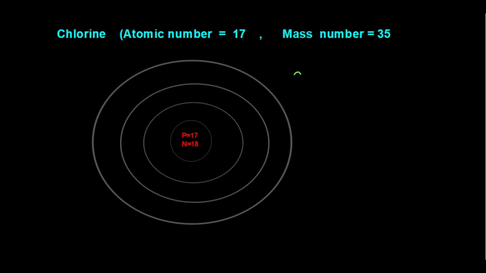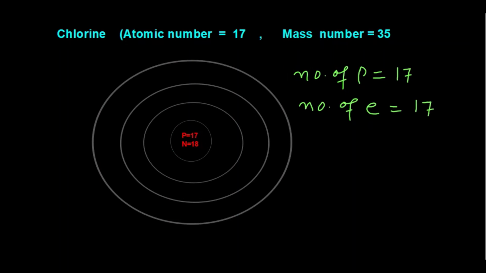It means how many protons are present in the nucleus of chlorine? Yes, atomic number means number of protons. So number of protons for chlorine are 17. Since atomic number of chlorine is 17, number of electrons are also 17.